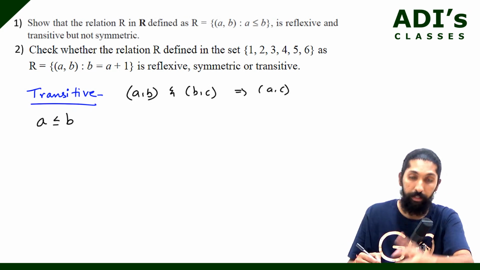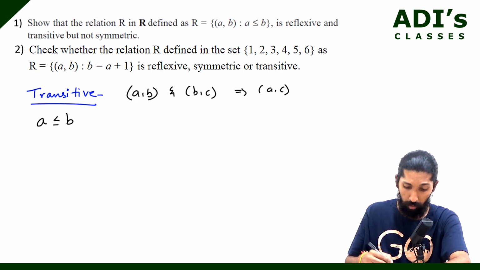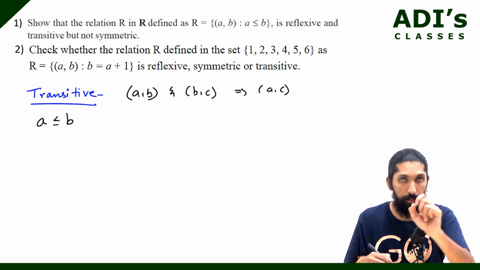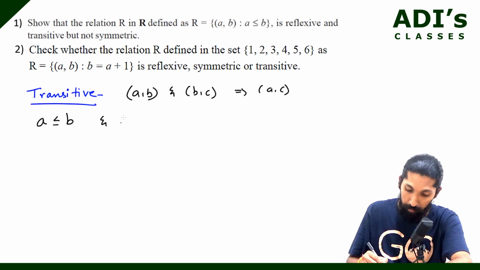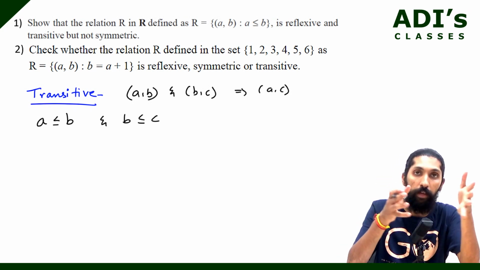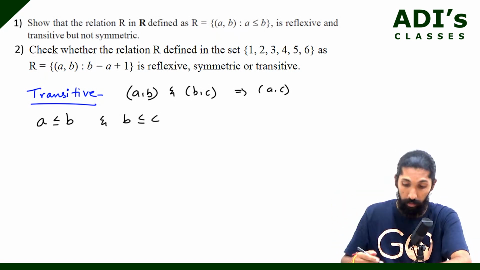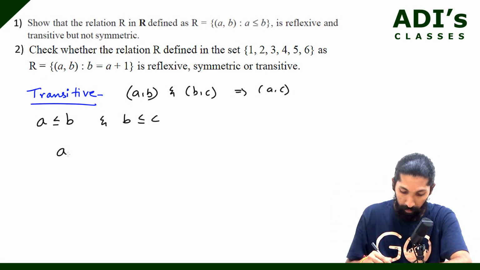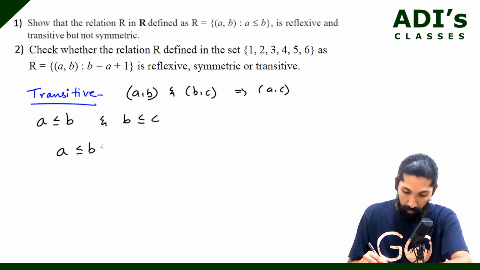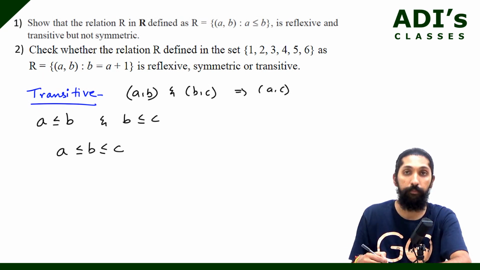This is basically transitive. So a ≤ b, first part, and b ≤ c. See, if a is less than or equal to b and b is less than or equal to c, now when you combine them, can we write a ≤ b ≤ c, correct?